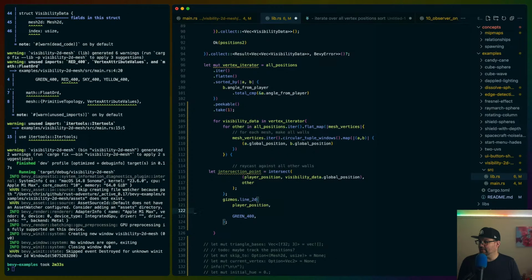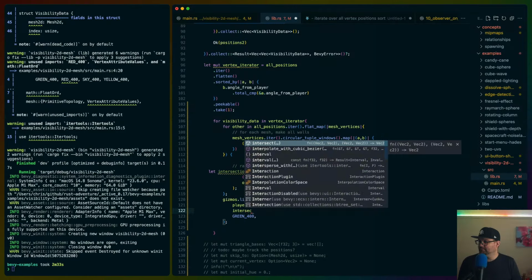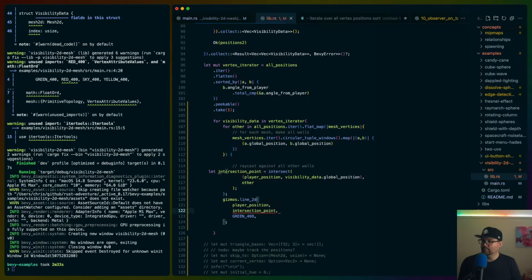Which, if we take that and we say player position to intersection point, intersection point, intersection, what is going on here? These are the same. This is not what I need, is it? It's a tuple and I need it to be a vec2.